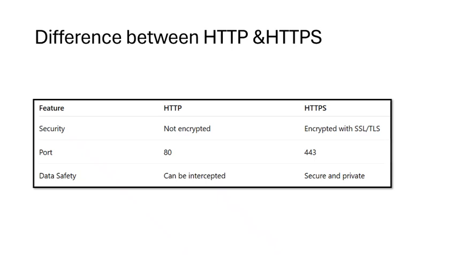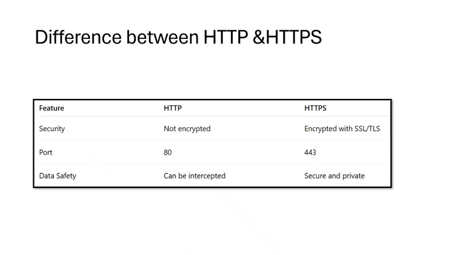So when you want to give your credentials while logging into a new page, or any payment or transactional details, you require HTTPS because it contains encryption and decryption of data. So that's it for the difference between HTTPS and HTTP.